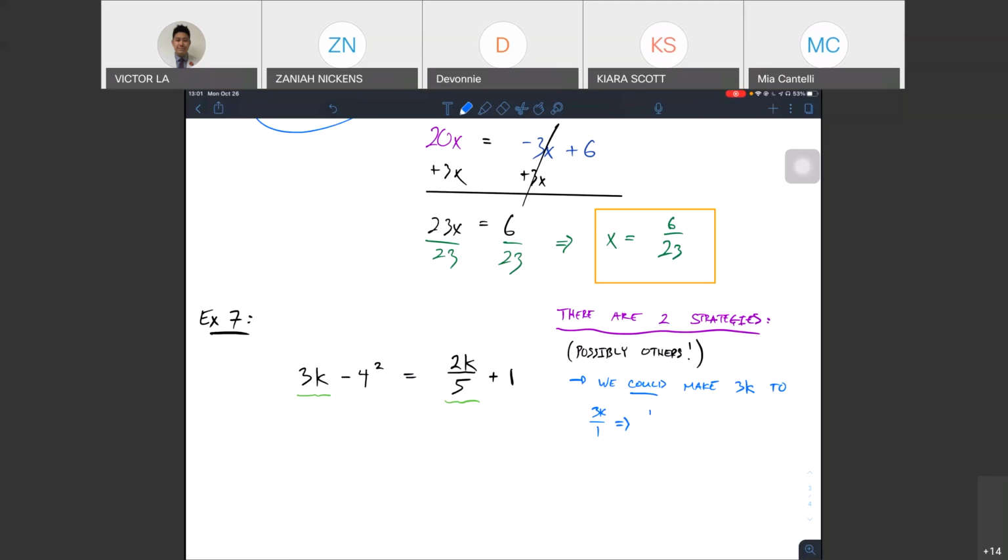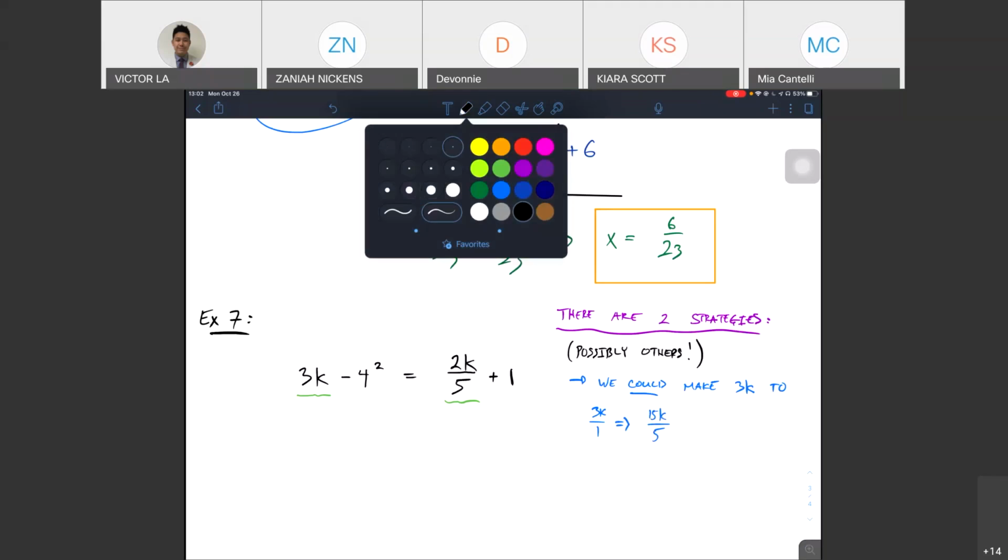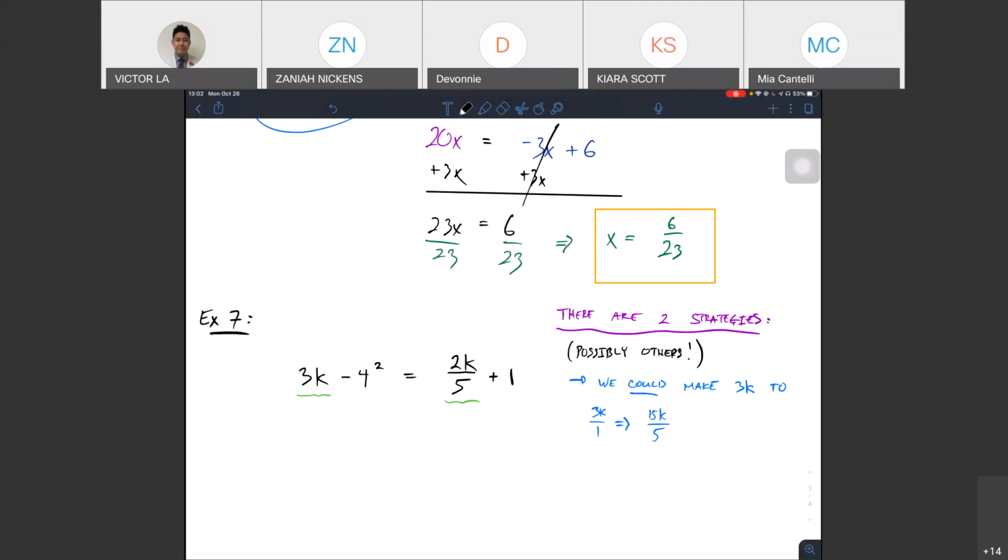So it'd be 15k over 5. Hopefully everyone sees how I got that, right? We were suggested to put it over 1. And then if you're going to combine, you can do times 5. Oops, sorry. Times 5. And so that's cool because the denominators are easy. You can combine them.